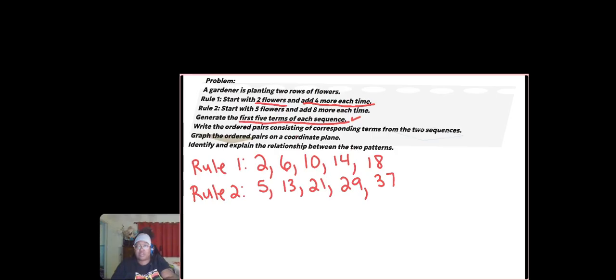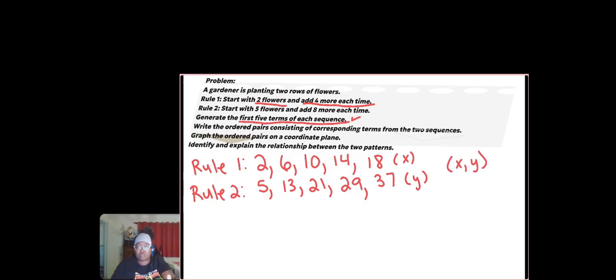Now, write the ordered pairs consisting of corresponding terms from the 2 sequences. Well, these are our 2 sequences, so we will let rule 1 be X, and we'll let rule 2 be Y. When we do ordered pairs, we do them as X, comma, Y. That's how ordered pairs are always going to be.